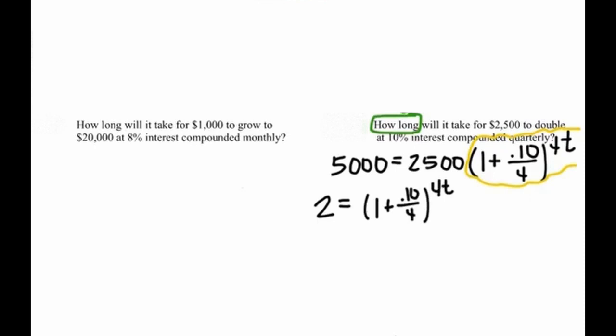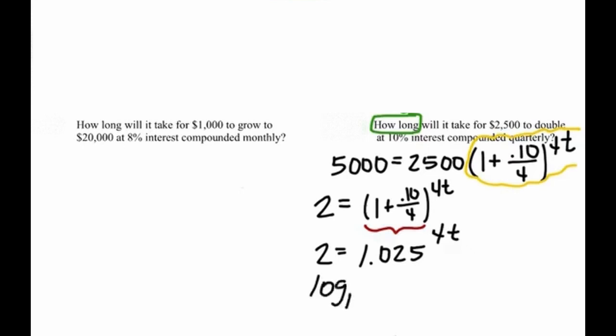Now in this problem, you can go ahead and compute 1 plus 0.1 divided by 4, because that works out to an exact decimal. You'd get 2 equals 1.025, all raised to the 4t. So this is an example of a problem where you really don't need to store on your calculator because the decimal 1.025 is exact.